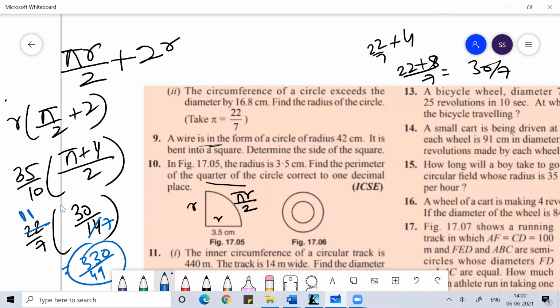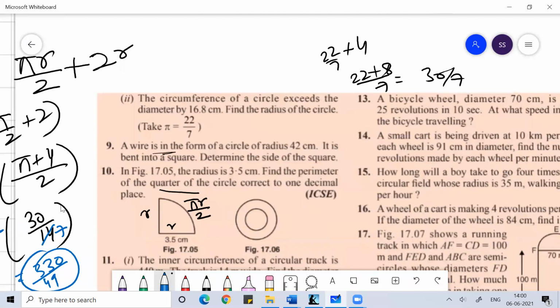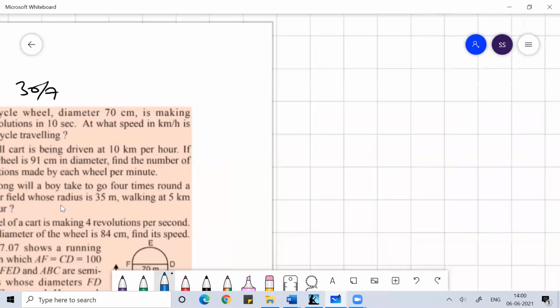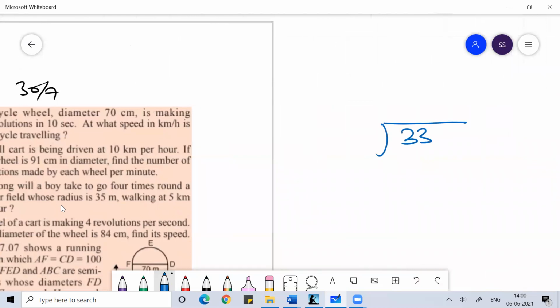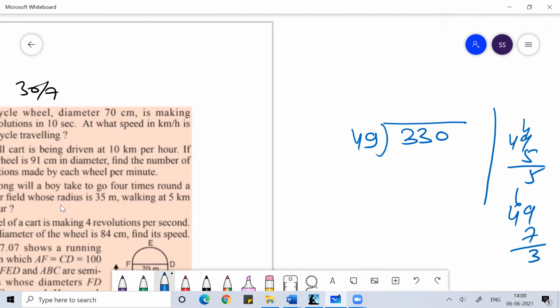What is 330 by 49? They want it till one place of decimal. 49 5s are 245, 49 7s are 343, you're getting a bigger number. 49 6s are 294.